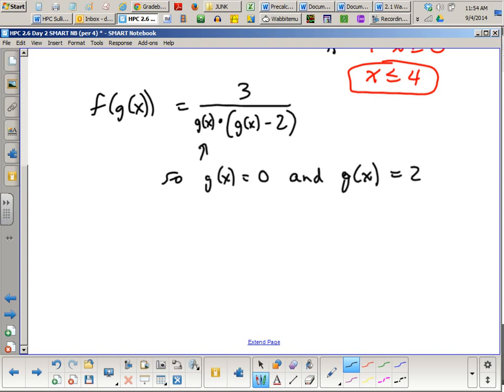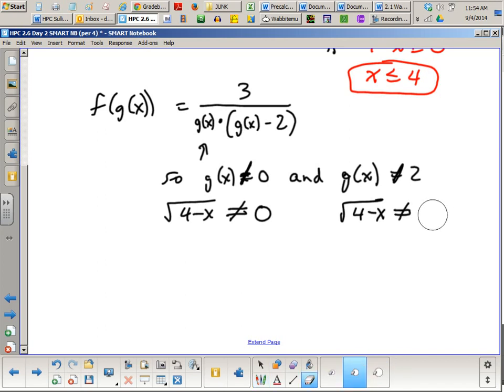Okay, so let's pursue those. We are saying that we don't want root 4 minus x to be 0, and we don't want root 4 minus x to be 2 either. I keep writing equals, I mean not equals. So we got to pursue both of these.